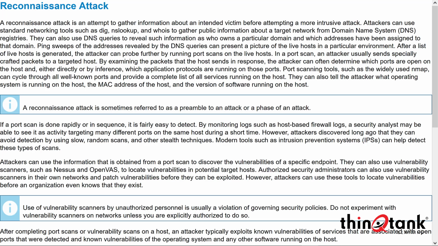All right. Now, the next type of attack that we're going to talk about is a reconnaissance attack. When it comes to different types of attacks that exist in the network or in the information technology space, we have a reconnaissance attack, we have an access attack, and then we have denial of service attacks. We're going to talk about reconnaissance attacks in this particular case.